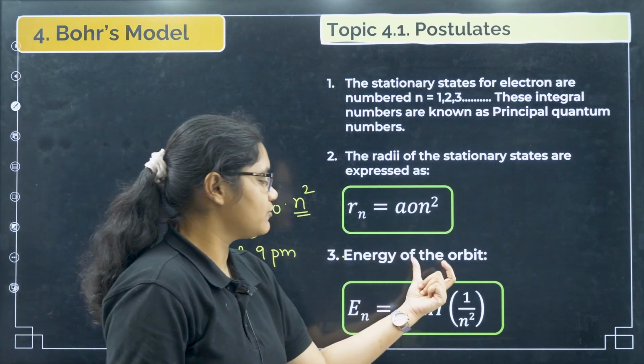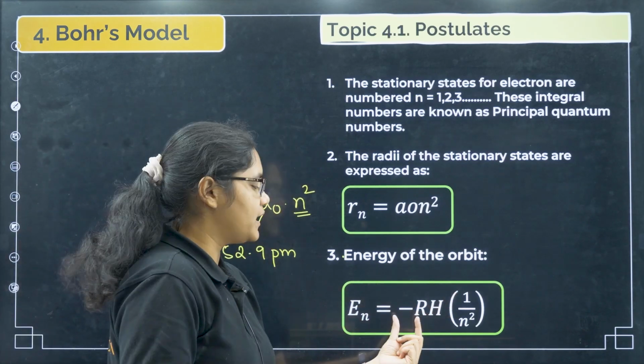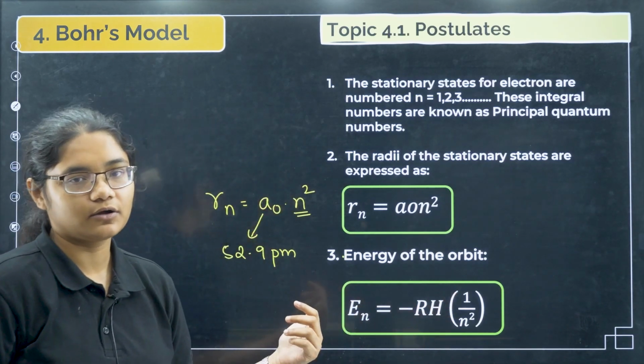Next we have the energy of the orbit. That is minus RH by n square, where RH is the Rydberg constant.